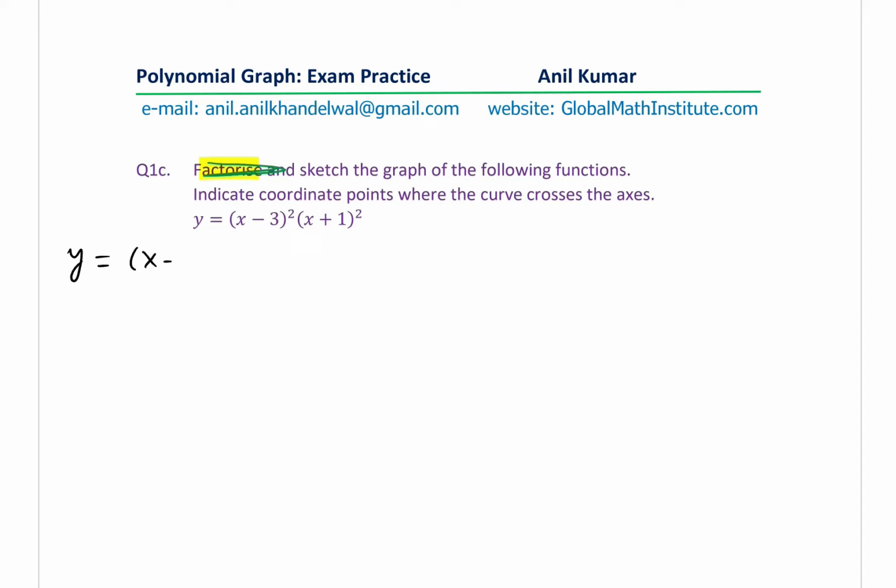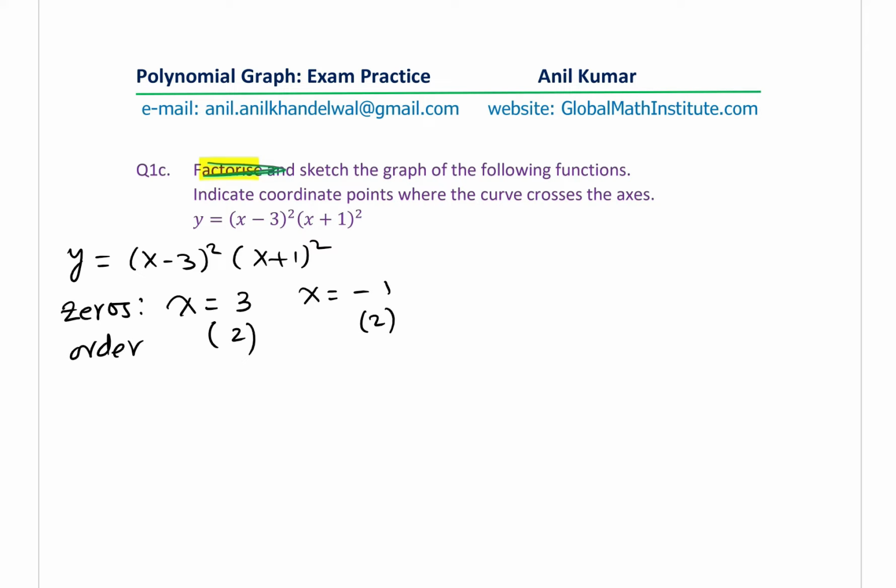We have (x minus 3) whole square times (x plus 1) whole square. Now, the zeros are at x equals 3 and at x equals minus 1. We have a double zero at both these points. Correct? So those are the zeros at 3 and minus 1.